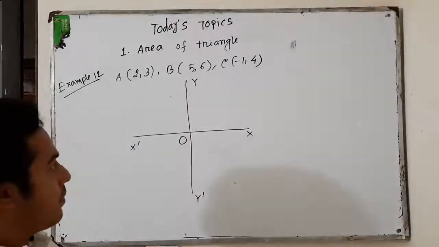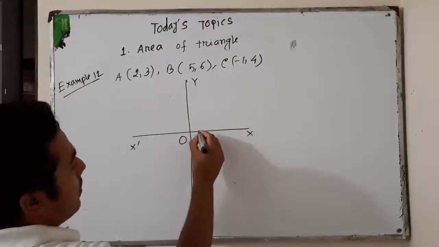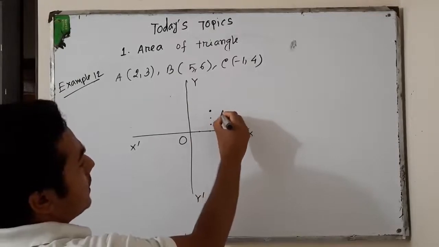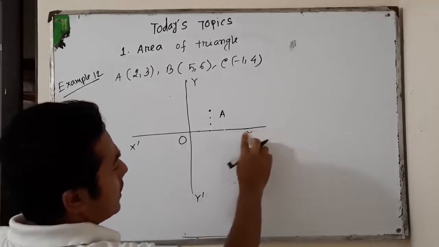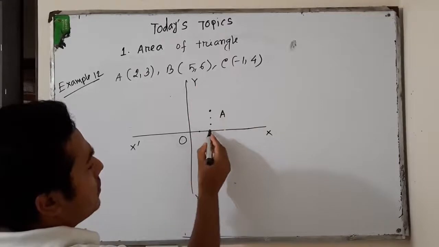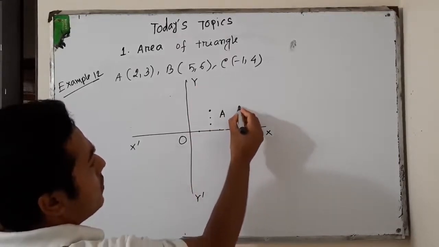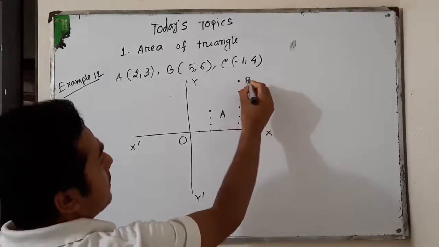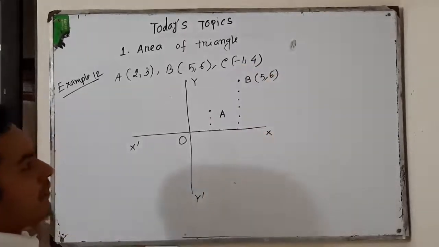My dear students, plot these points. The first point is 2, 3: 1, 2, then 1, 2, 3. This is point A. The second point is 5, 6: 1, 2, 3, 4, 5 in the positive direction, then 1, 2, 3, 4, 5, 6. This is point B. Point C is minus 1, 4.